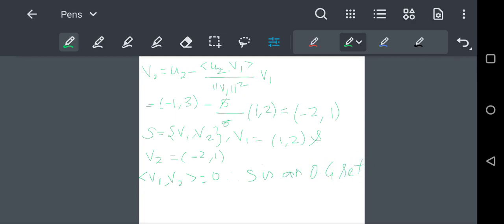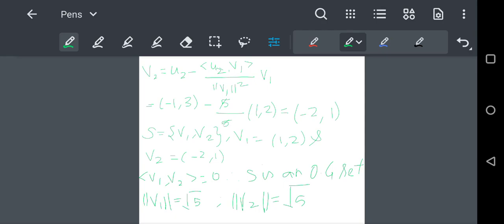Next, we need to check whether S forms an orthonormal set or not, so we find norm v1 and norm v2. Norm v1 is equal to root 5, and norm v2 is equal to root 5 again, since minus 2 the whole squared is 4, and 4 plus 1 is 5. So both the values for norm v1 and norm v2 are root 5.